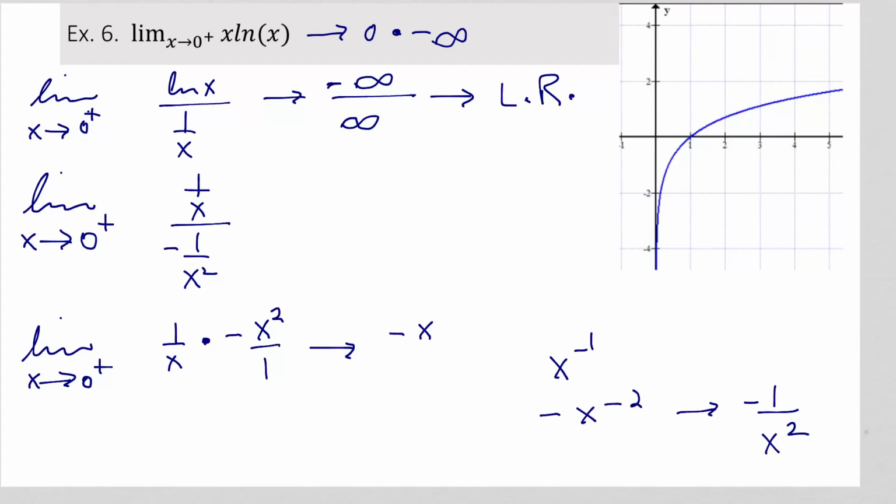All right, so I've got negative x over 1, so I'll just leave the 1 off. So I can take the limit as x approaches 0 from the positive side of negative x by substituting 0. So I just have 0. So my limit is 0 by L'Hopital's rule.